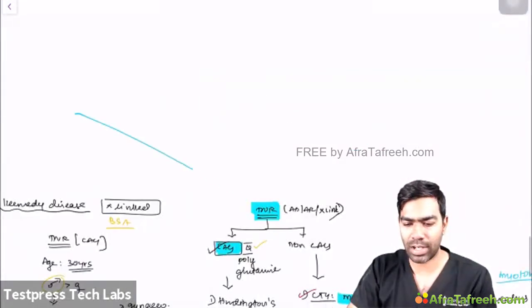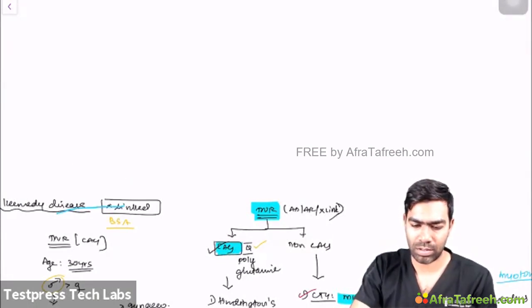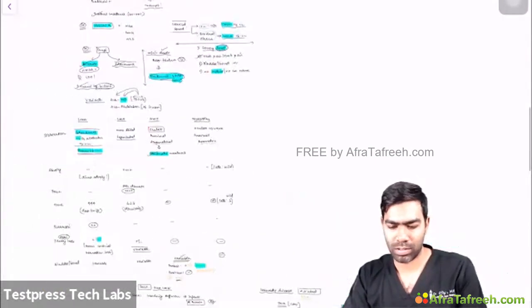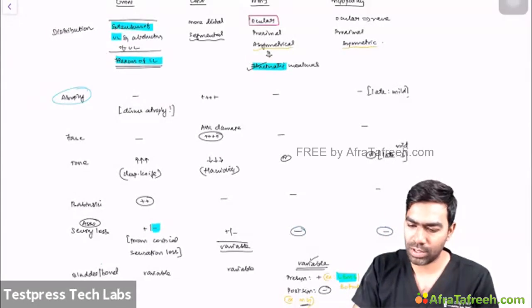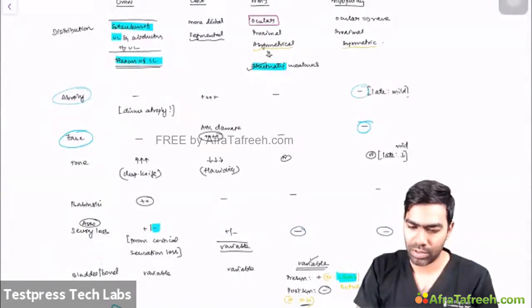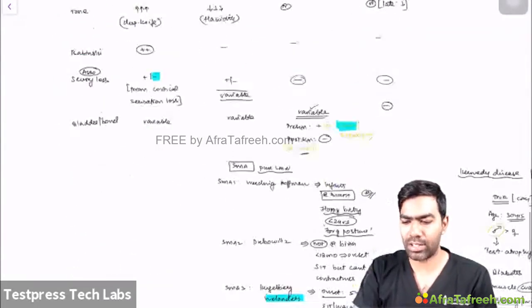Sometime back only we studied that in muscle disorders, we don't see atrophy, surely. We don't see fasciculations. So definitely this is not myotonic dystrophy.